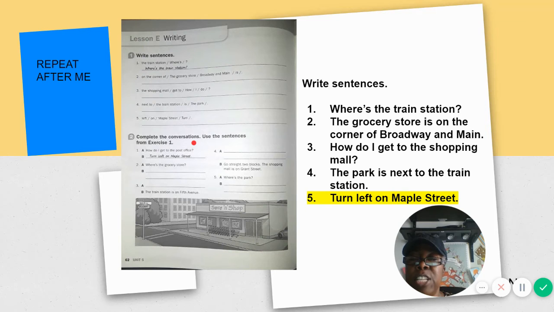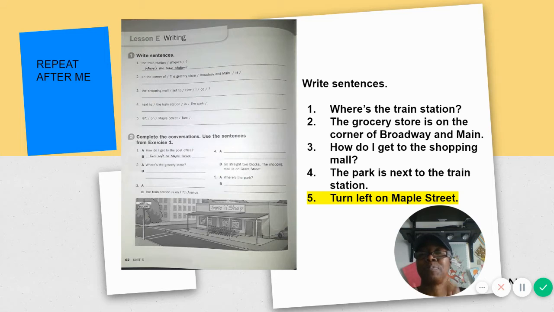Complete the conversations. Use the sentences from exercise 1. So here we have our sentences from exercise 1. And number 1 is already done for us. We can see right here, it's already highlighted. Number 1, so the conversation, you have person A talking to person B. I will be person A and you will be person B. We'll do it together, okay?